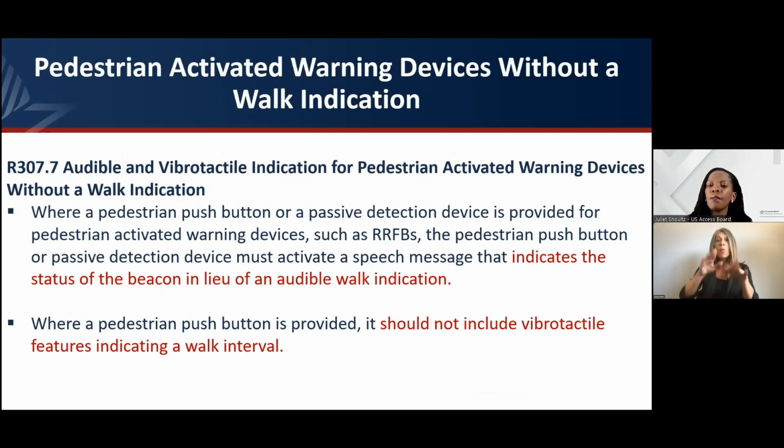Pedestrian activated warning devices such as rectangular rapid flashing beacons do not stop traffic. Rather, they provide flashing lights that draw drivers' attention to the crosswalk to warn them of the presence of pedestrians. So because these devices do not stop traffic, there is no walk interval, and thus no audible or vibrotactile walk indication. And we've specified that in R307.7, audible and vibrotactile indication for pedestrian activated warning devices without a walk indication.